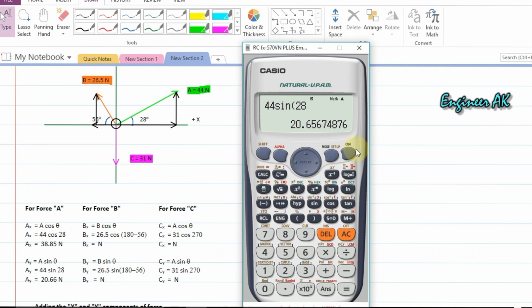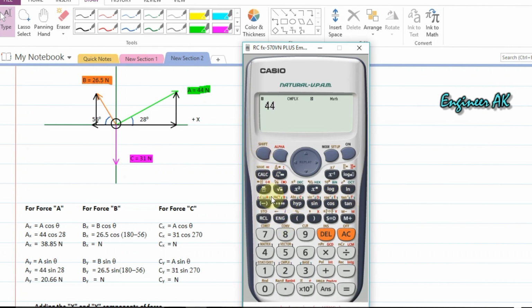We can also find these two components directly. How can you do that? First you go to mode and convert to complex mode. By clicking it, complex mode is now activated. Here you can plug in the magnitude, and then here you see the angle sign. To activate this angle sign you have to press shift, because these brown commands are activated through the shift key.